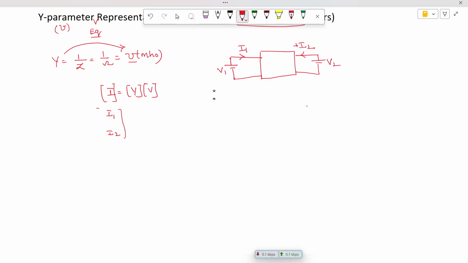That is equal to a matrix consisting of row 1, row 2, column 1 and column 2, with elements Y11, Y12, Y21, Y22, multiplied with the voltages V1 and V2, which are the input voltage and output voltage. Now this Y is called the admittance matrix.